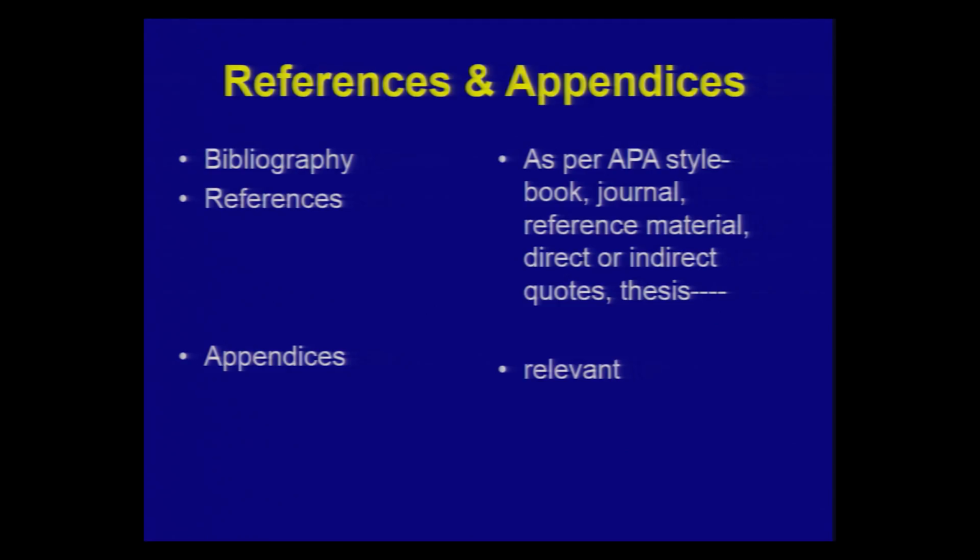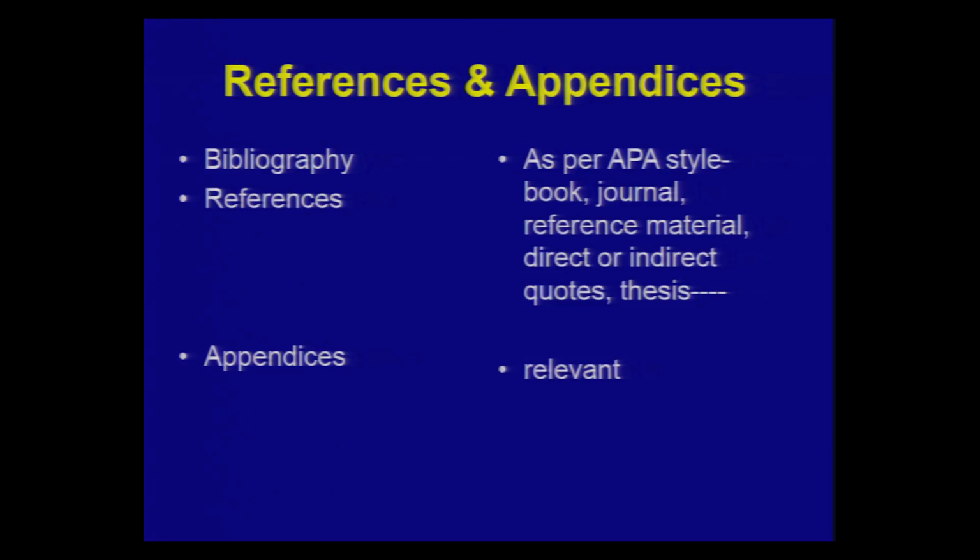So the references and the bibliography have to be strictly in accordance with the specified format of the American Psychological Association, and that too they have different formats for books, journals, reference material, direct or indirect quotes, etc. So one has to look into the bibliography and references vis-a-vis the APA style of writing.